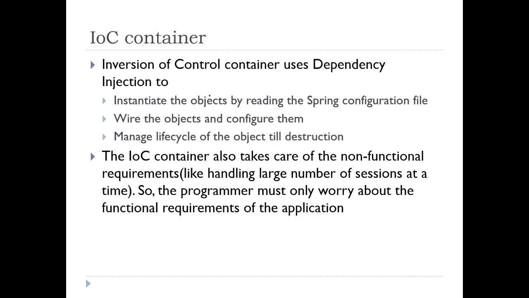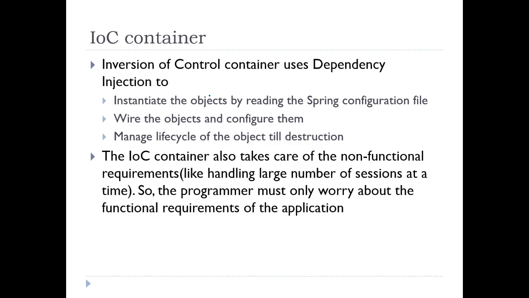Then the inversion of control container is also responsible for wiring the objects together. That is, if there are references of one object in another object, or if there is a collection contained inside some other object, then the wiring of these objects together, or the configuration of these objects, will all be done by the inversion of control container by reading the Spring configuration file.